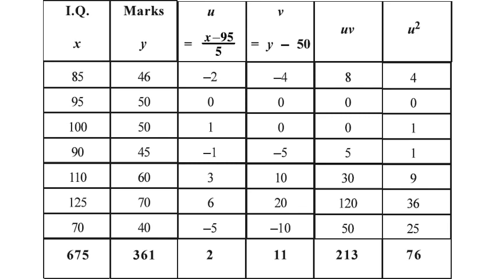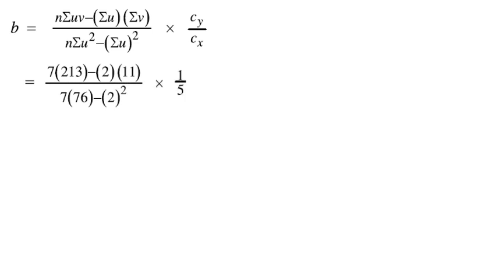Once you are done with your table, move forward with the sum. Starting with b, now as there is a division in the x, that is in the u, we have a cx, so we have to follow this formula only. N summation uv minus summation u summation v divide by n summation u square minus summation u the whole square into cy upon cx, putting the values in this equation.